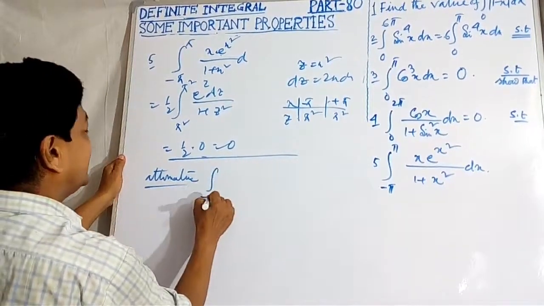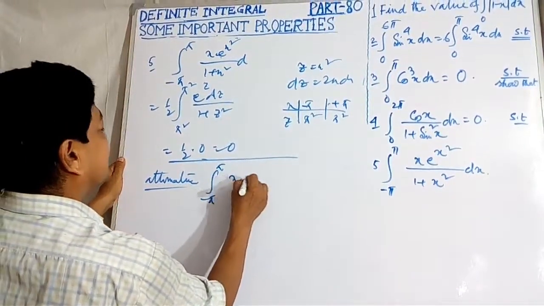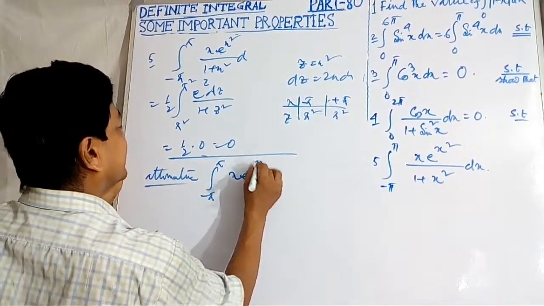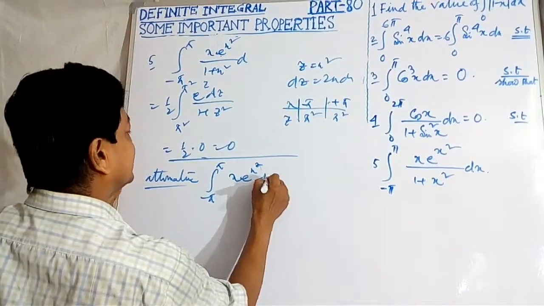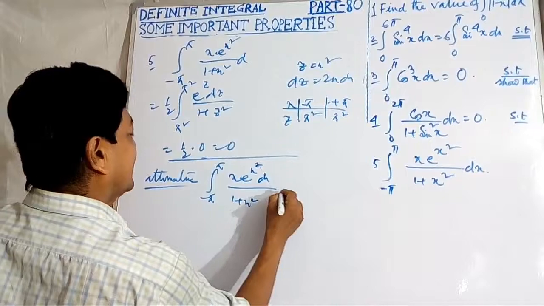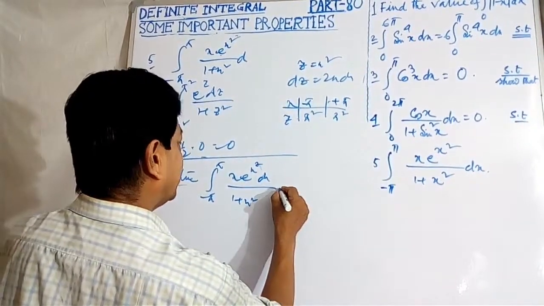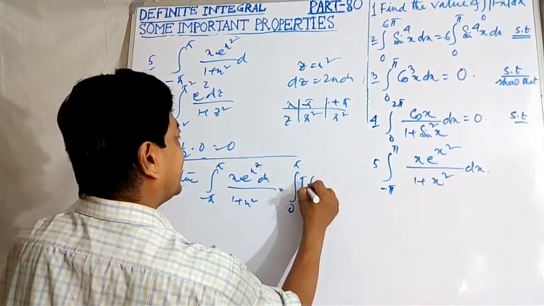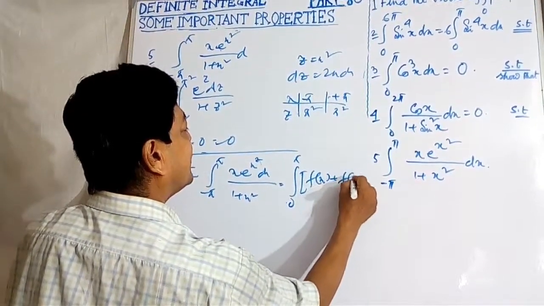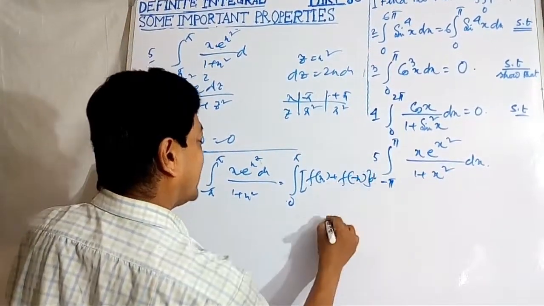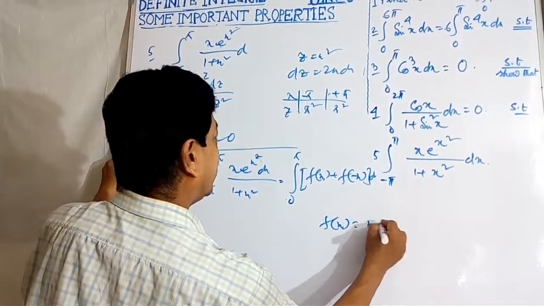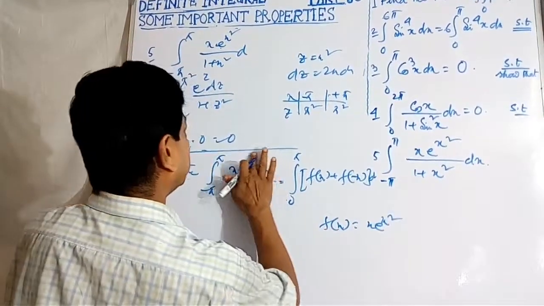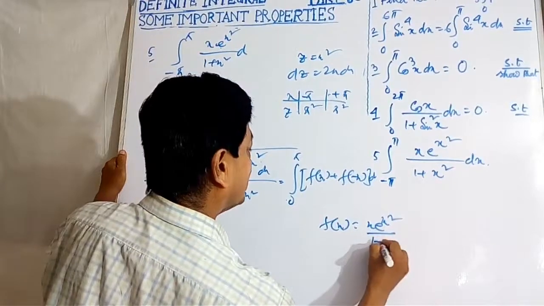Alternative: the integral from minus pi to pi of x e to the power x square dx by 1 plus x square. We know this can be written as the integral from 0 to pi of f(x) plus f(minus x) dx, where f(x) equals x e to the power x square by 1 plus x square.